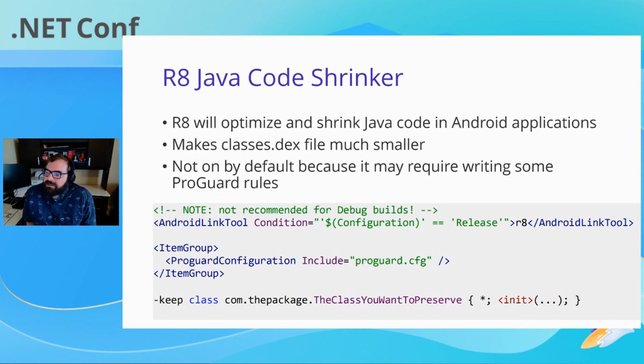We can't turn this on by default yet because it's possible that it'll link out too much, and then at runtime you'll get an error like, oh, this method is missing, but you need it, right? The way to turn this on is you set AndroidLinkTool equal to r8 for your release builds, and if something does go wrong, it's usually pretty easy to fix.